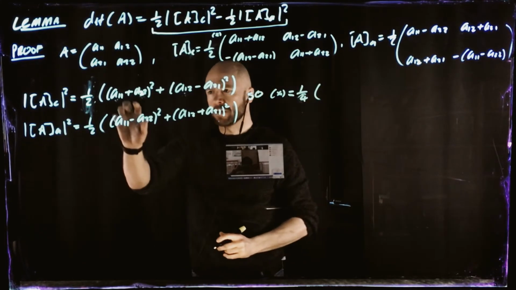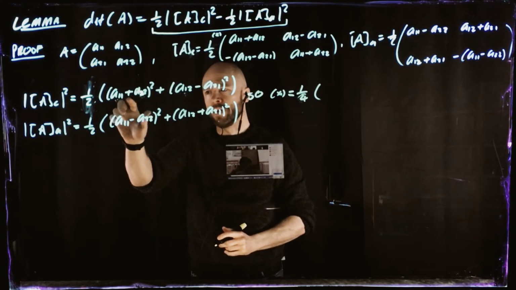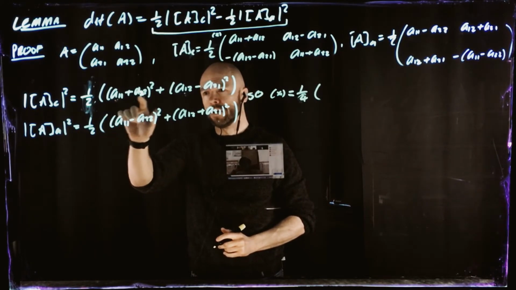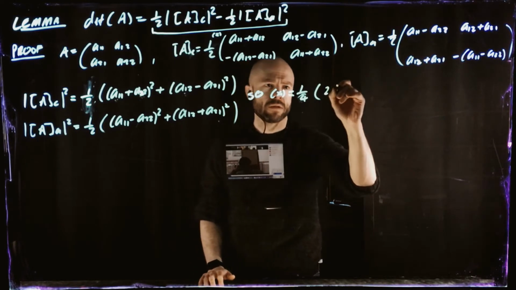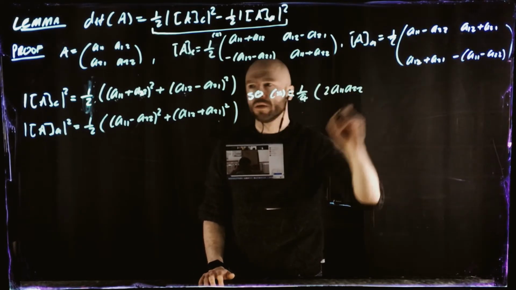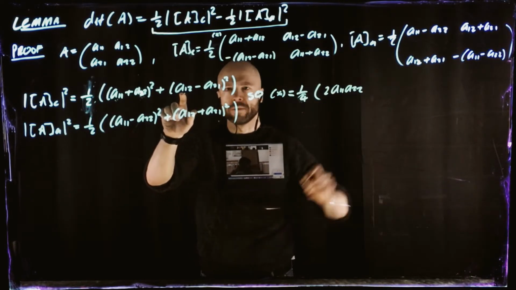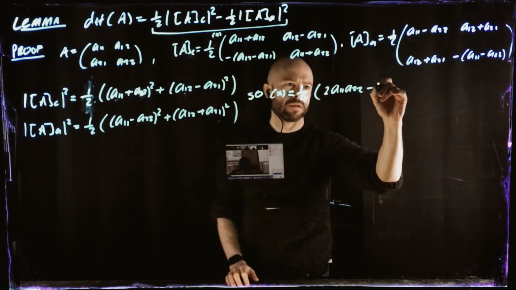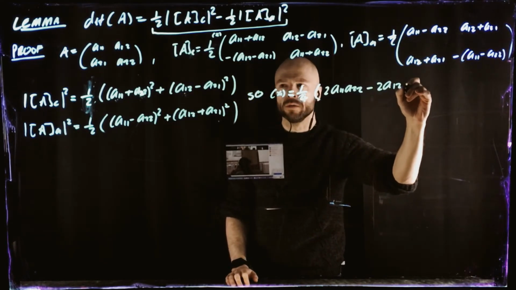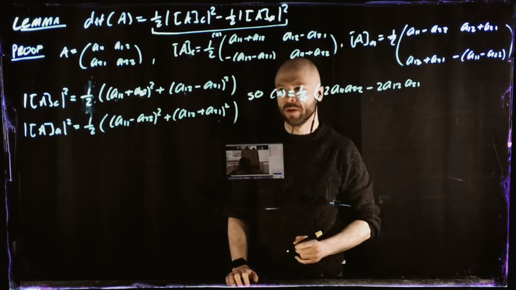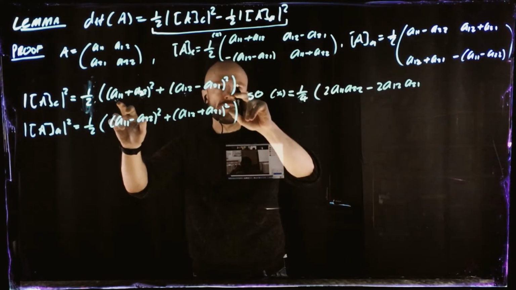And then just the mixed terms. The mixed terms here will be 2 times A11 A22, and minus 2 times A12 A21, from this thing.